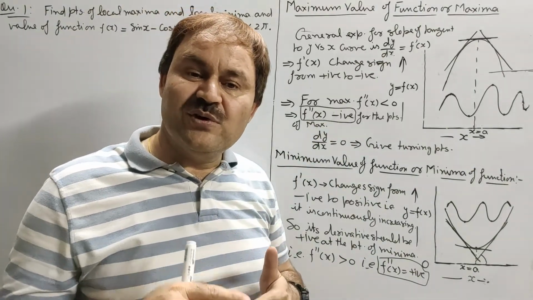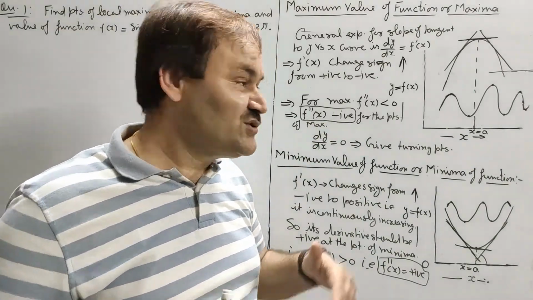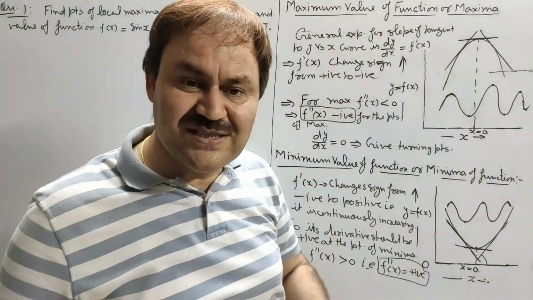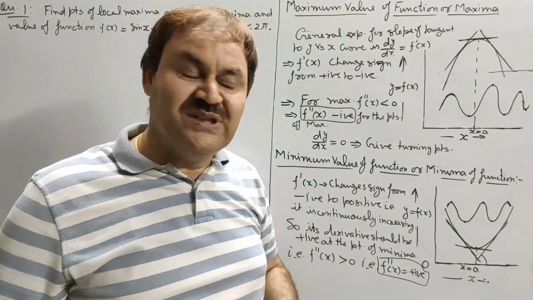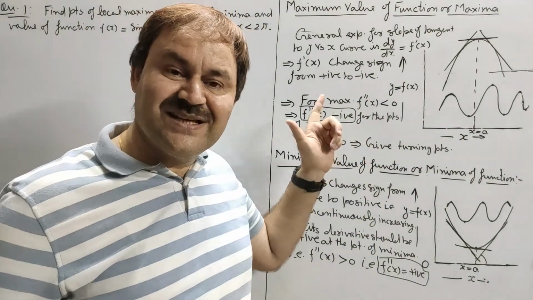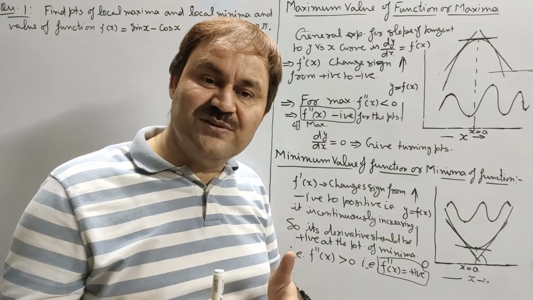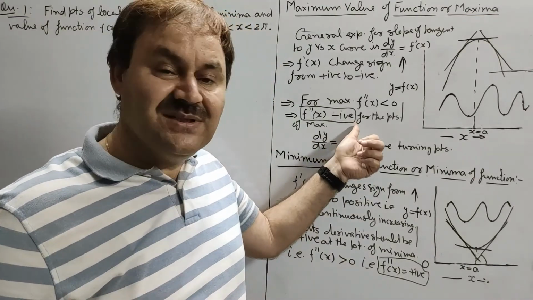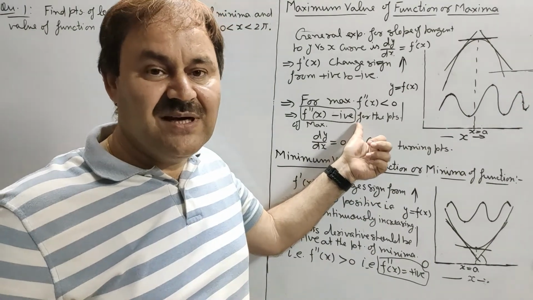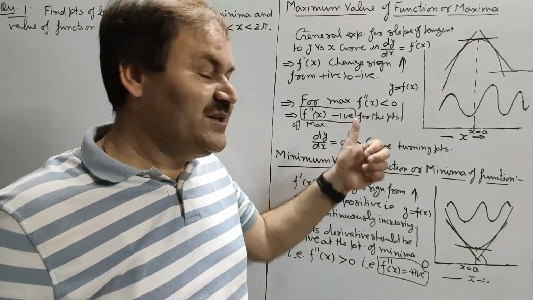If for the values of x obtained from dy by dx is equal to 0, f double dash x comes negative, then for those values of x, function will be having a maximum value.